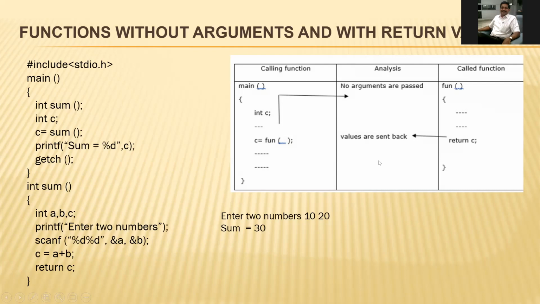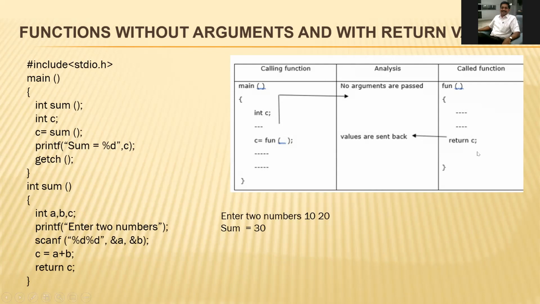Now what is the communication between these two functions? There is a one-way communication. What one way? We are not passing arguments to the called function, but we are sending back the return value to the calling function.